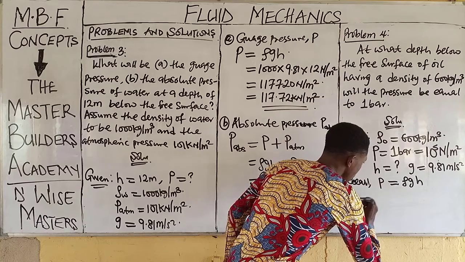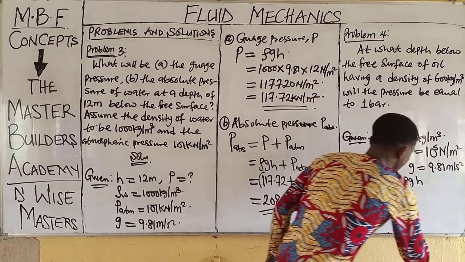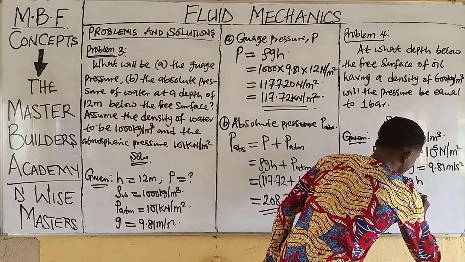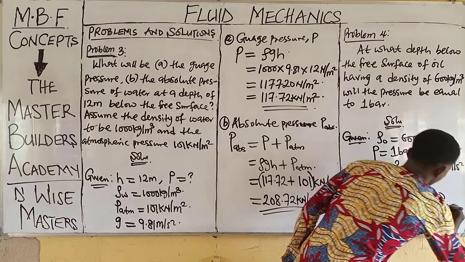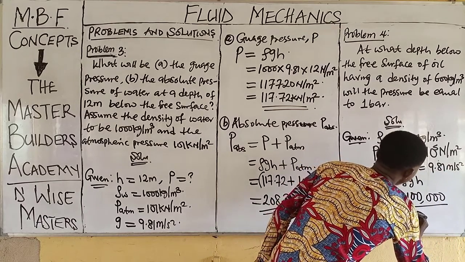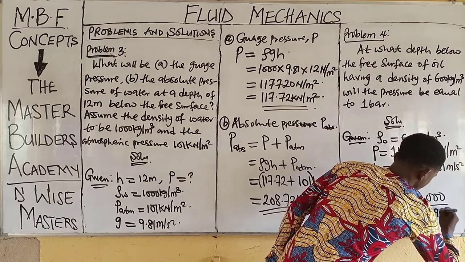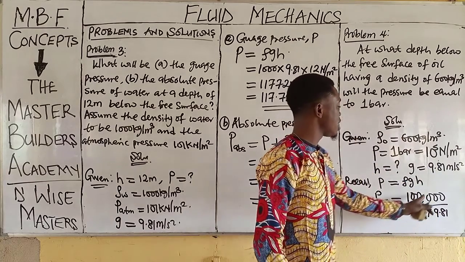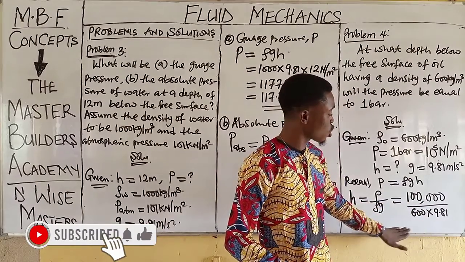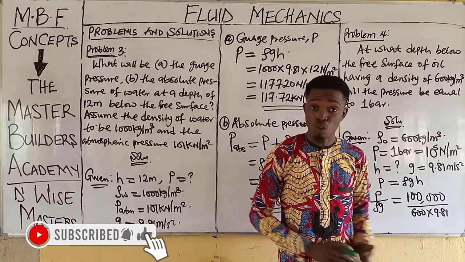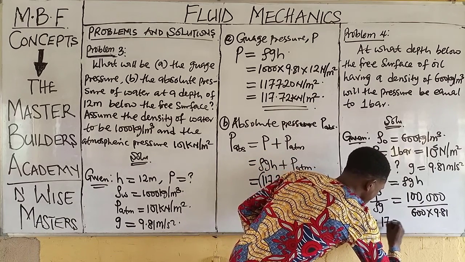Then h is equal to P over rho g, which is 10 raised to the power of 5, which is 100,000, all over density 600 multiplied by 9.81. When we divide 100,000 by 600 multiplied by 9.81, the final answer is 17.0 meters.